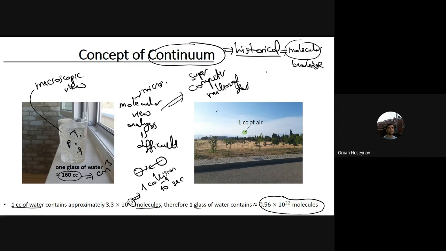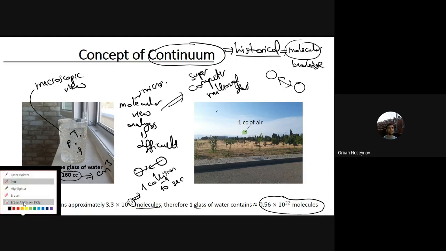It doesn't have molecules with empty space. There is empty space between any two molecules, but people in the past didn't know that. They were always thinking that there is no empty space and the material is continuous at all locations. Therefore it is the historical continuous approach.